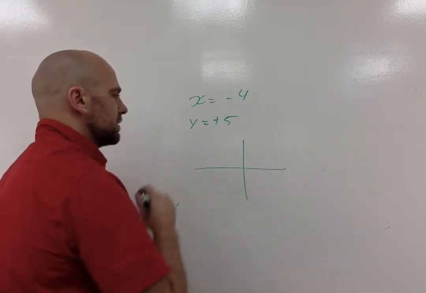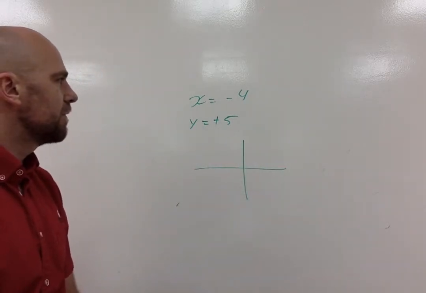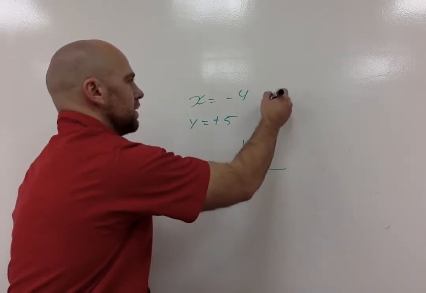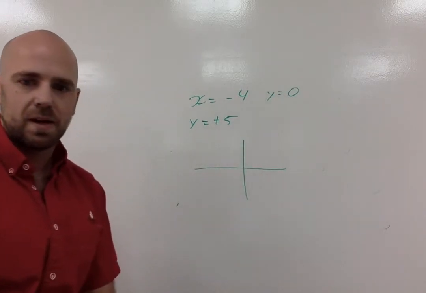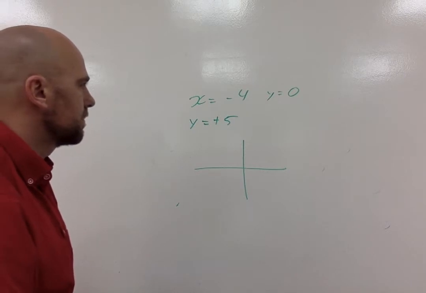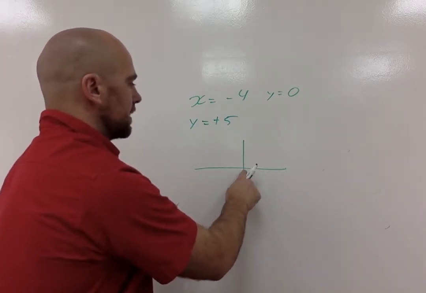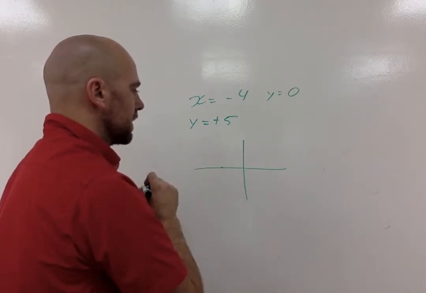If x equals negative 4, that means y can be anything, such as 0. So I might go x equals negative 4, and then y might be 0.